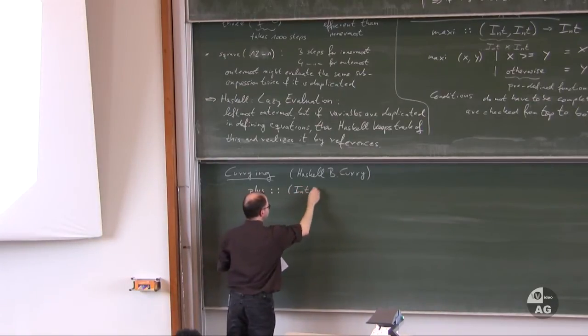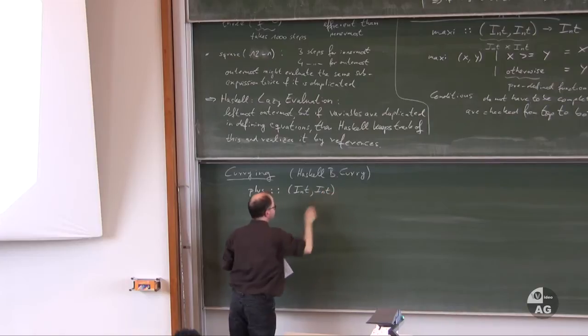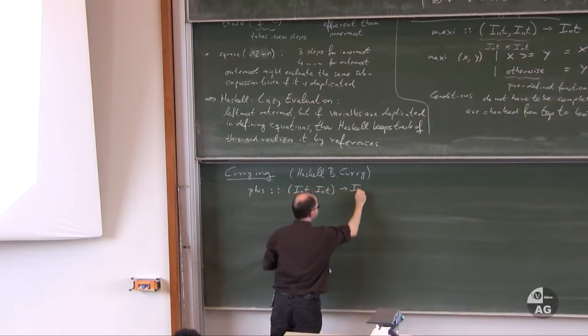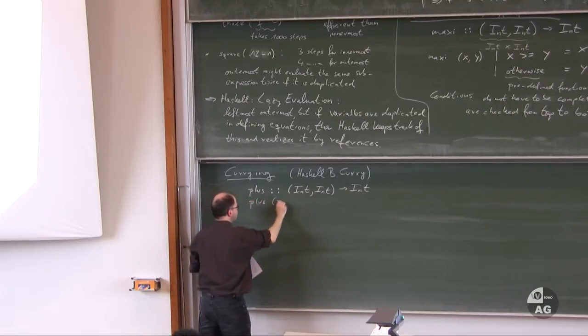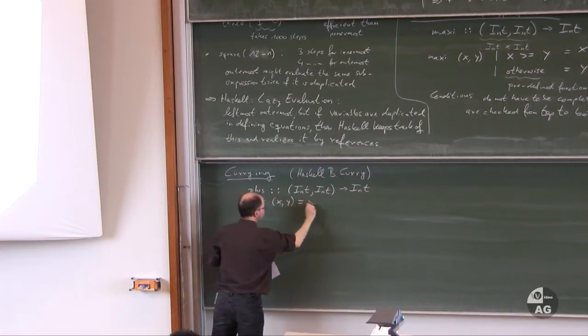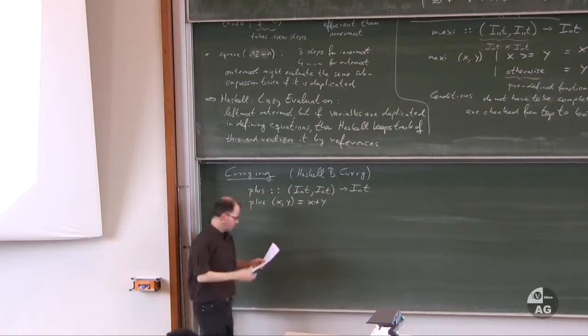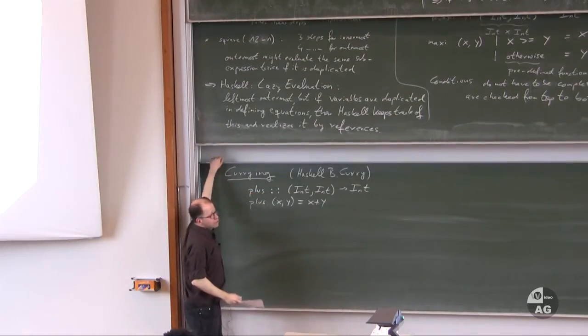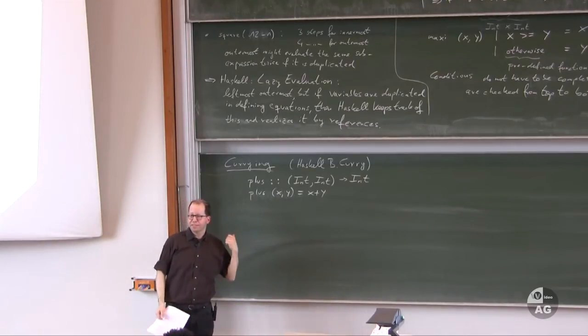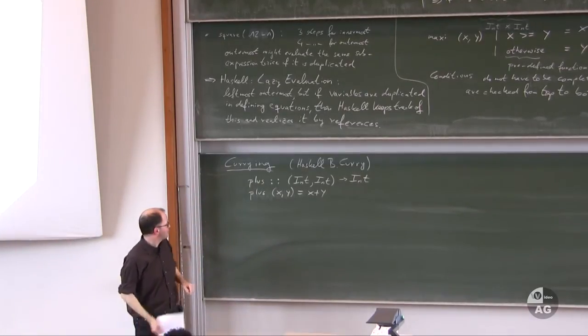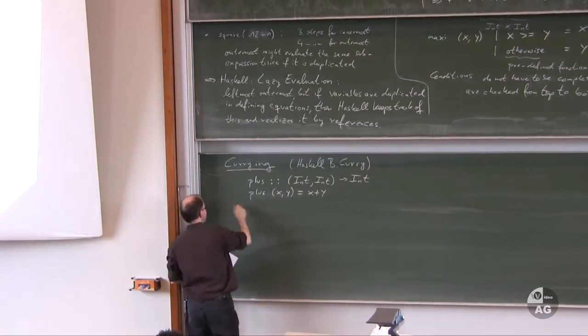It takes two integers, so a tuple with two integers, and it returns an integer. And how is this defined? Well, it takes an x and a y, and it returns x plus y. So you could write it like this, but Haskell programmers don't like this. So they would never write something like this. Typically, they would write something else. So this is version 1.